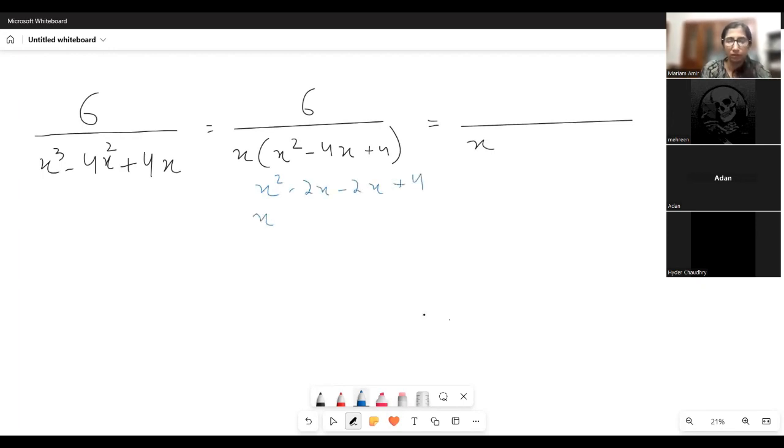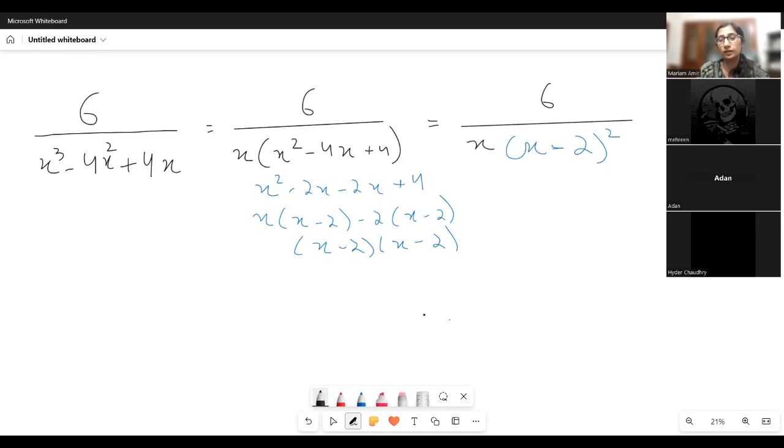So x is common, x minus 2, minus 2 is common, x minus 2. So we have x minus 2 and x minus 2. In other words, a repeated linear factor. So it becomes 6 upon x times x minus 2 whole square.